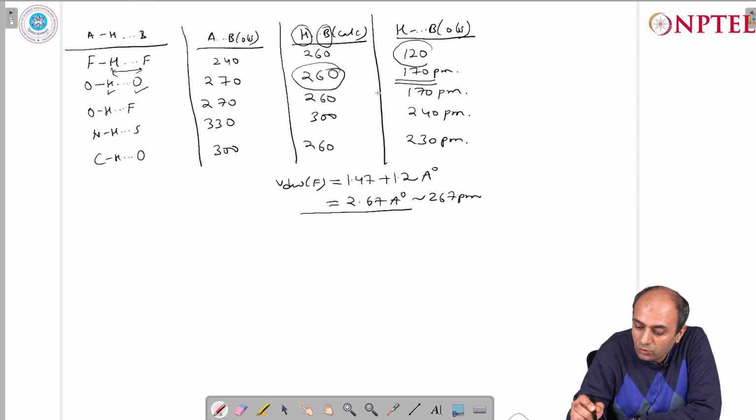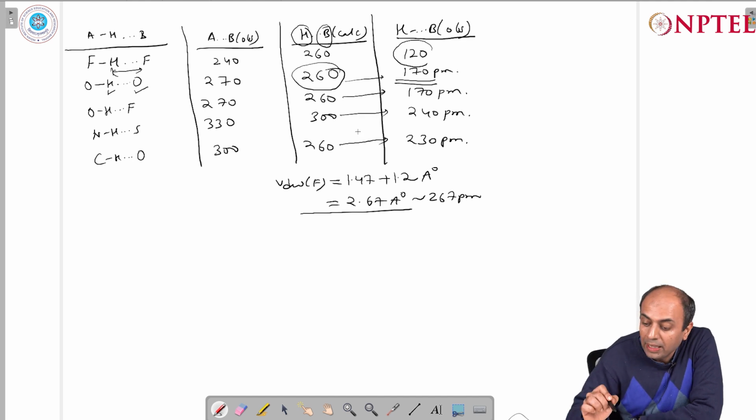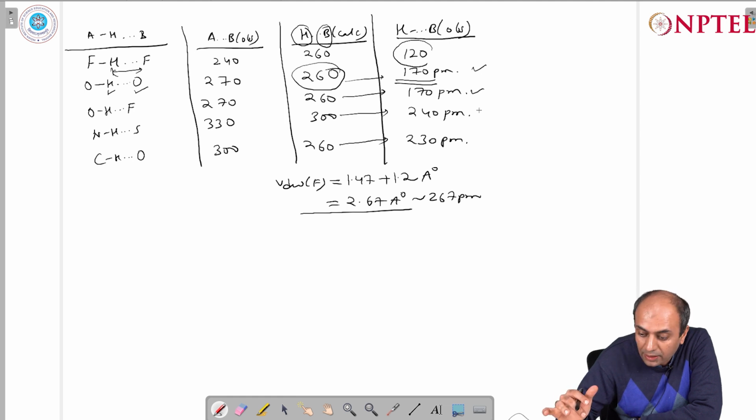In all these cases, the observed distance is smaller than the sum of the van der Waals radii, and the difference is larger here, but decreases when you decrease the electronegativity of the donor atom.